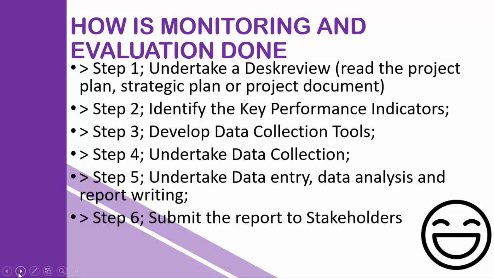Remember I told you there are two types of data. You've got the primary data, you've got the secondary data. You need to make sure that whether you're collecting primary or secondary, you're using the tools that you developed. And each of these tools should be well linked to the key performance indicators.